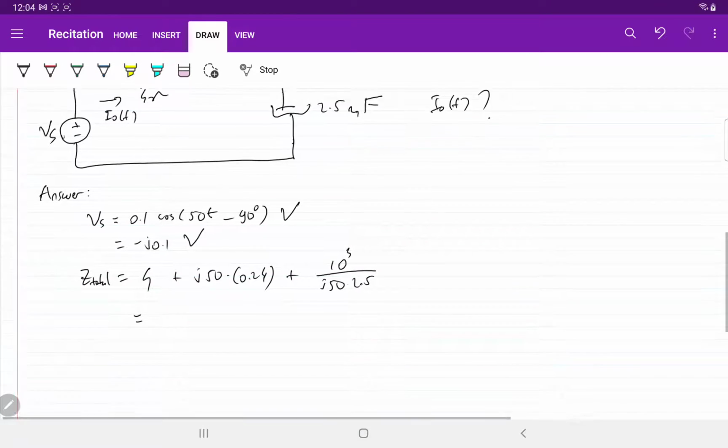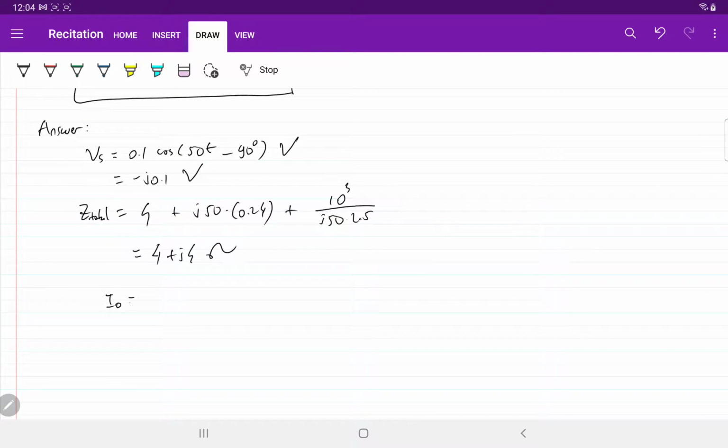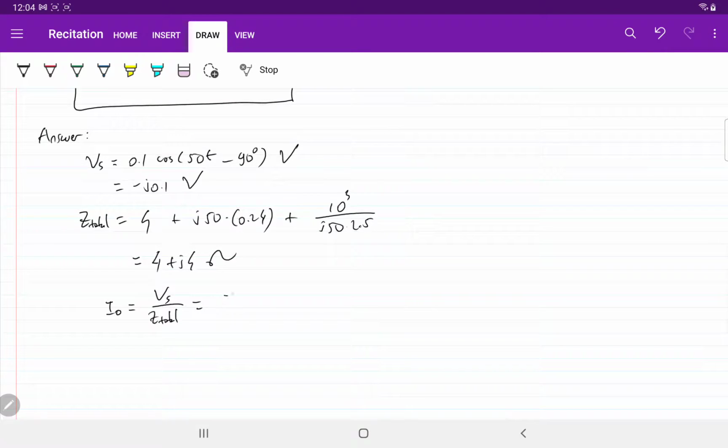Okay, so this turns out to be 4 plus j4 ohm. Therefore I0 is Vs over Z total. Vs is minus j 0.1 over 4 plus j4. So you can compute that. It is equal to 0.0177, and the angle is minus 135 degrees ampere.